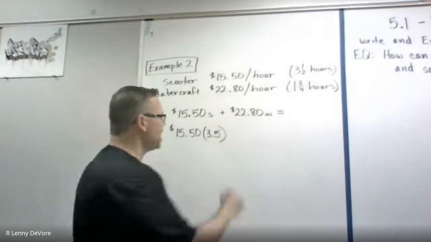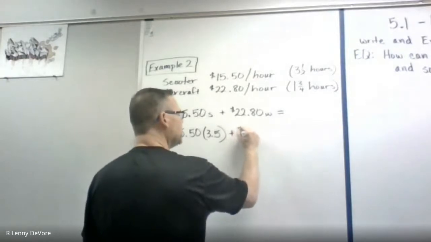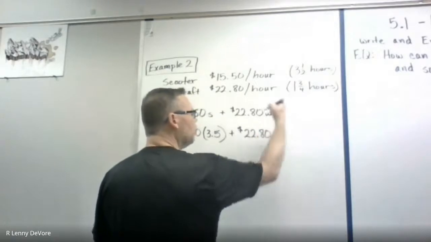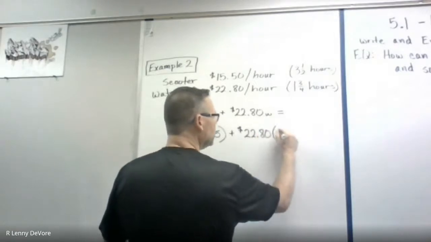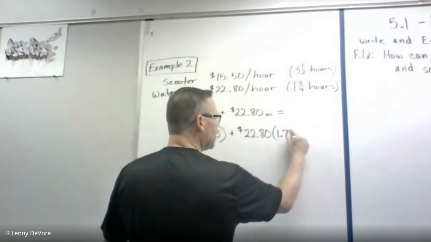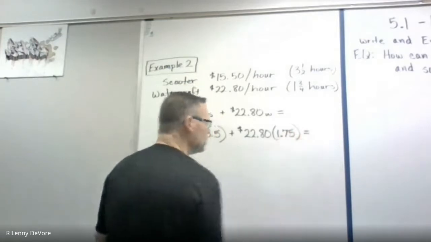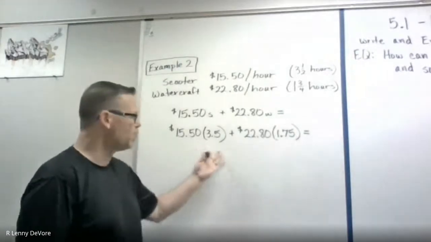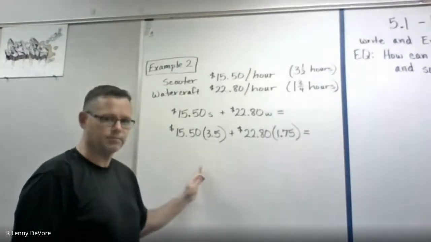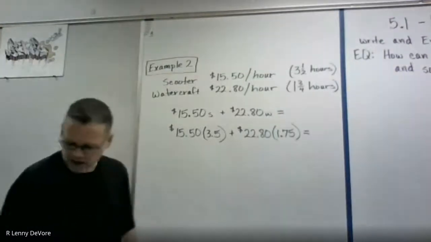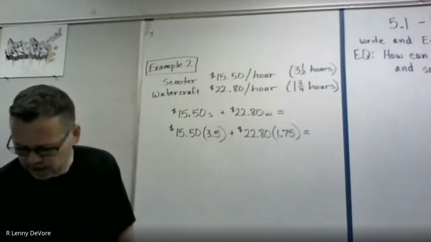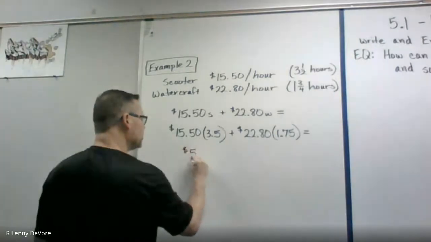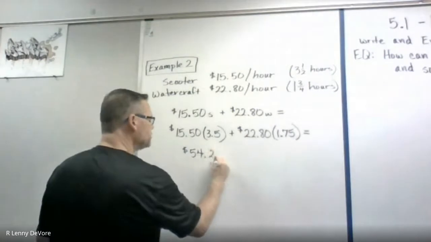But I also need to add in the watercraft. That is $22.80 multiplied by 1.75 hours. Okay, so doing the mathematical order of operations, I have to do my multiplication first before I can add. So when I multiply this out, what I actually get is $54.25.